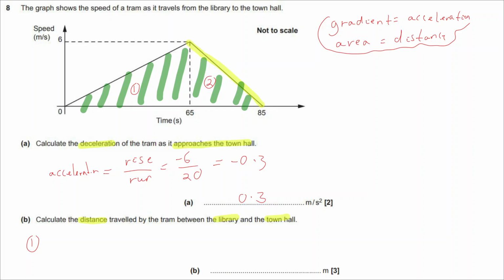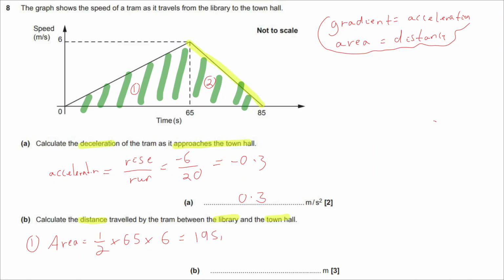The area of shape 1 is simply half base times height, so half times the base of this triangle, which is 65, times the height of it, which is 6. 65 times 6 is 390, and divided by 2 is 195.